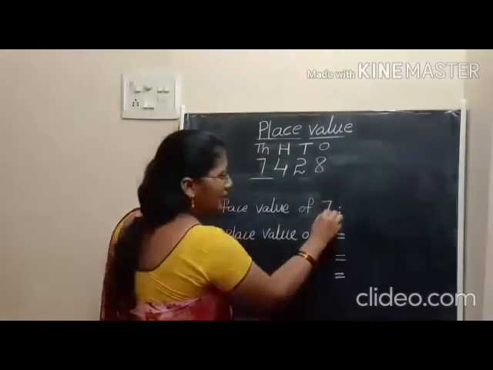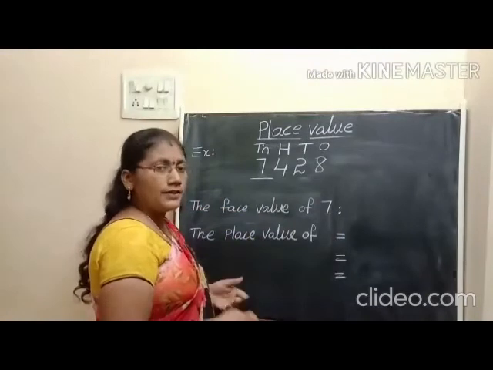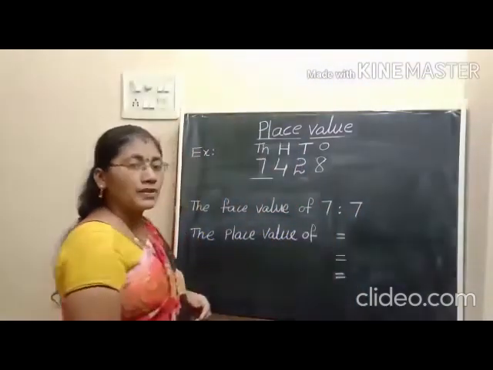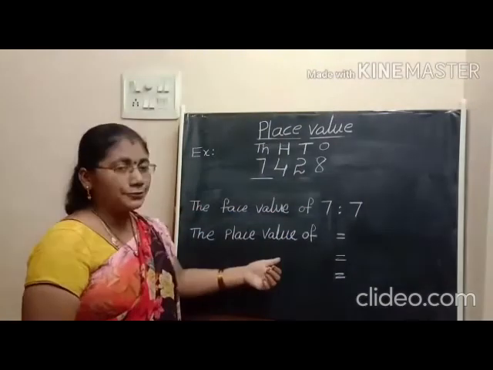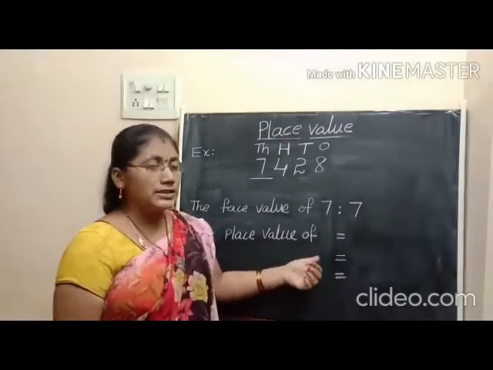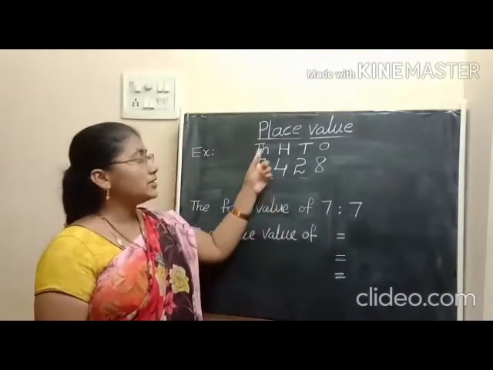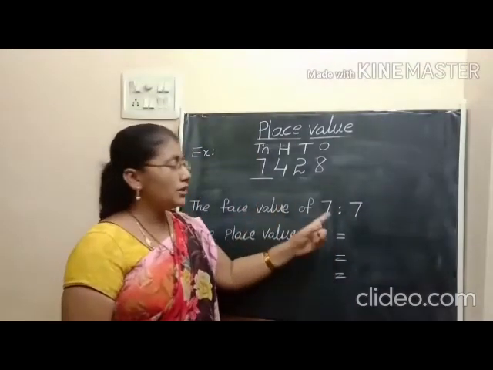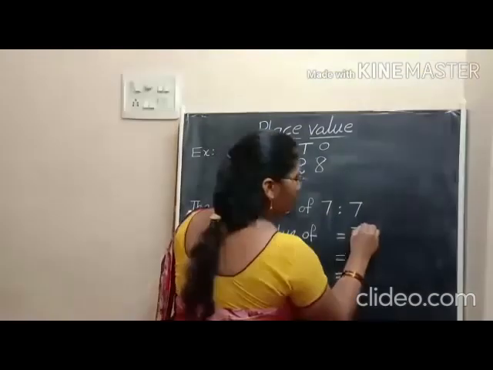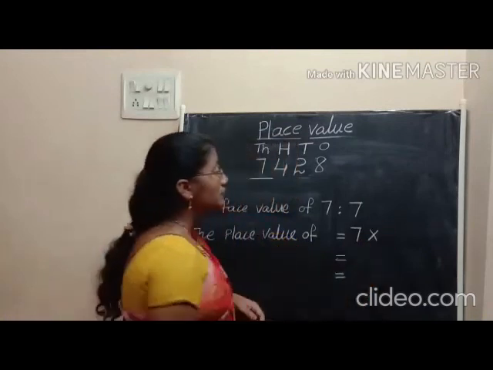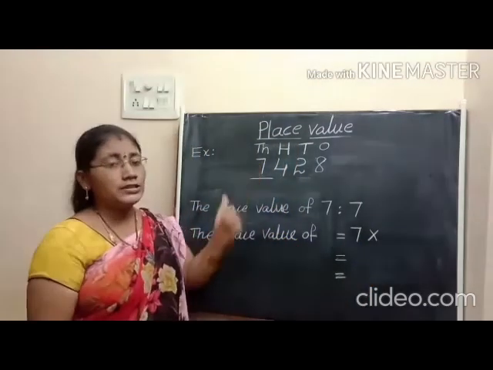What is the face value of 7? 7 itself. Let us take place value. Place value means it is the product of face value and place of the digit. What is the face value? That is 7 into, what is the place of the digit?